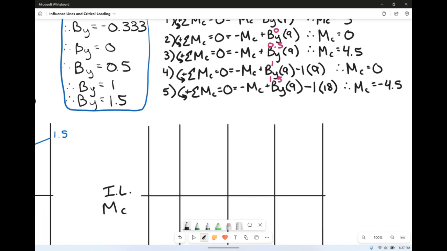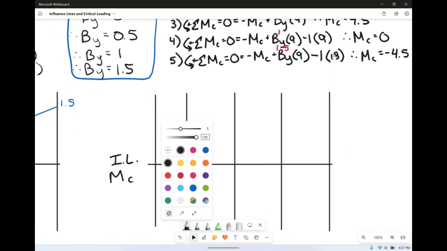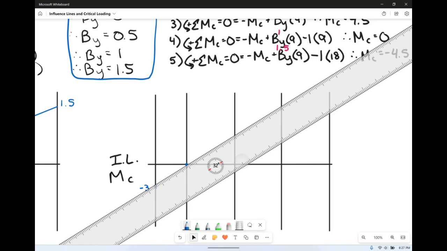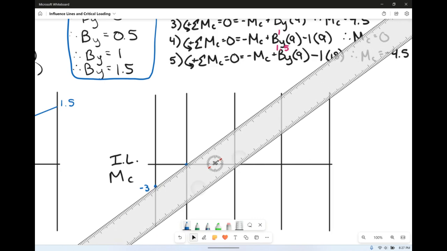So going to plot that out, we have a negative 3 and a 0, and then he's going to go all the way up to 4.5.